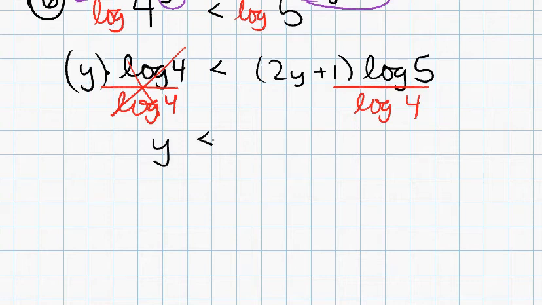So y is less than 2y plus 1 times whatever log 5 divided by log 4 is, 1.1610.